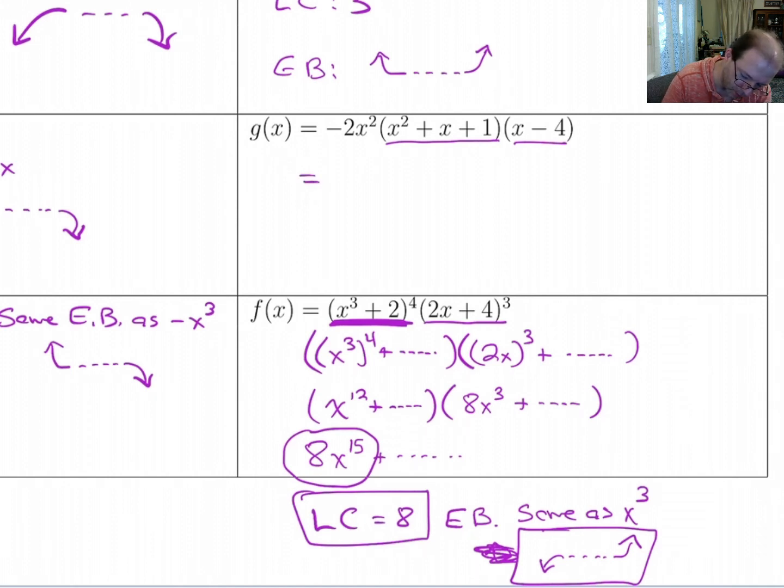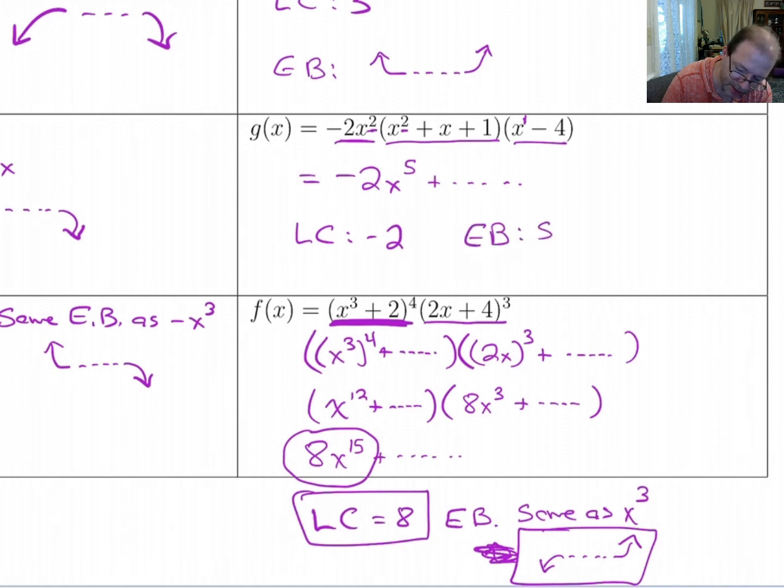If we did this, what we'd wind up with is minus 2x, we've got squared, squared, and 1. So we're going to wind up with to the 5th plus some smaller stuff. So my leading coefficient is -2, and the end behavior is going to be the same as -x cubed.